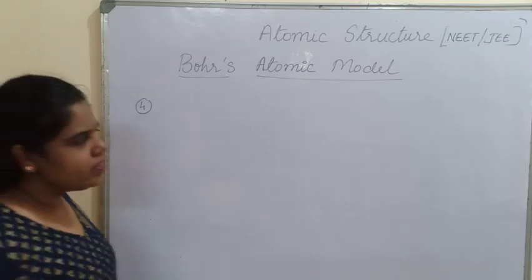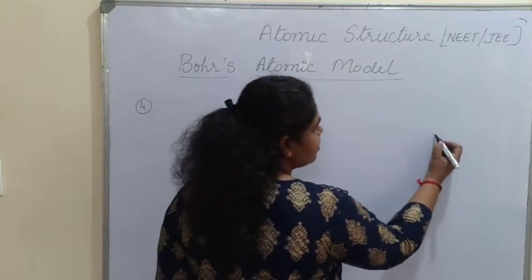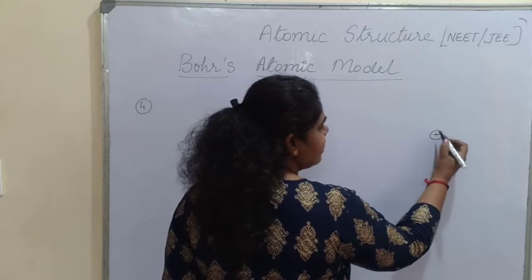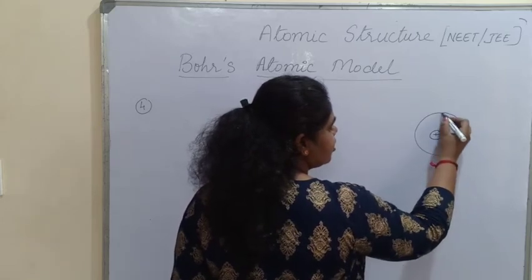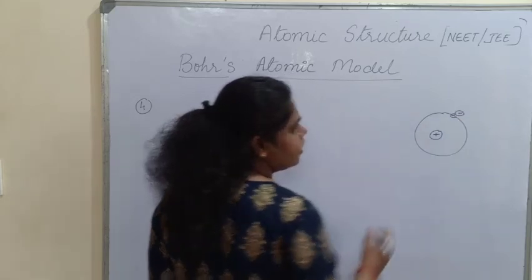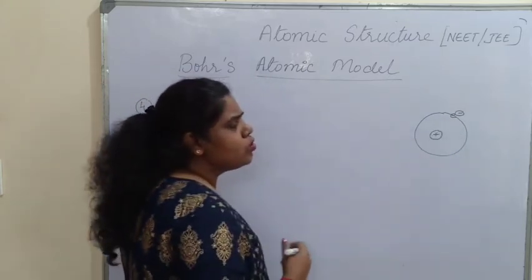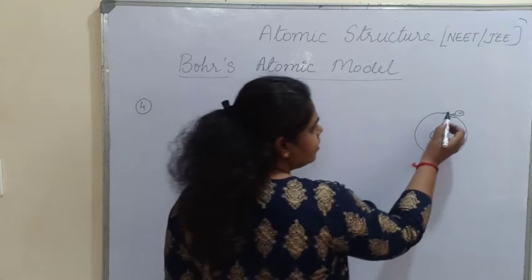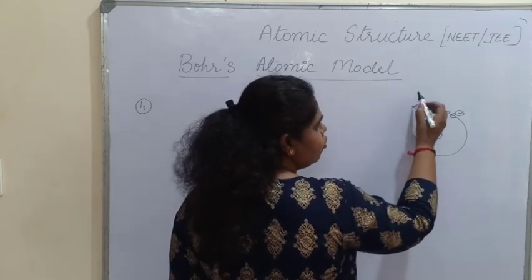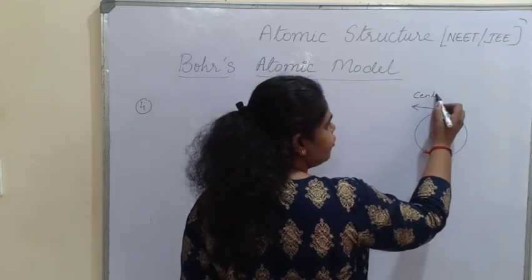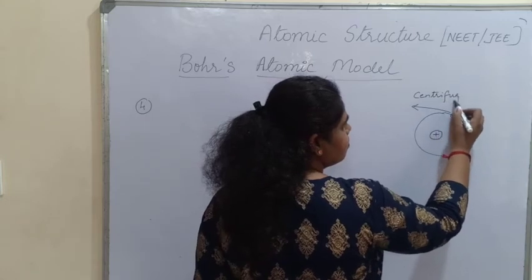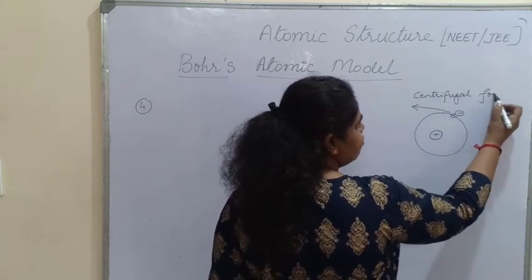The fourth point is, students, see here, this is the nucleus of the atom and the electron is revolving around the nucleus. Here the electron experiences two types of forces. One is the outward force, which is called centrifugal force.